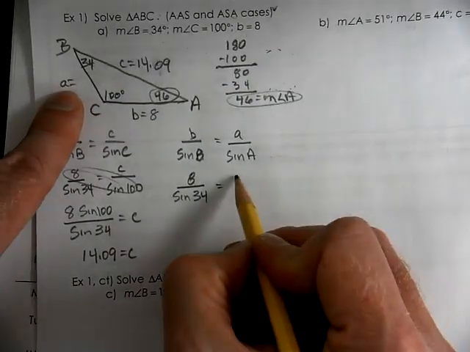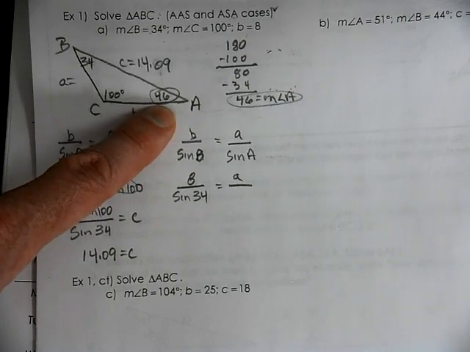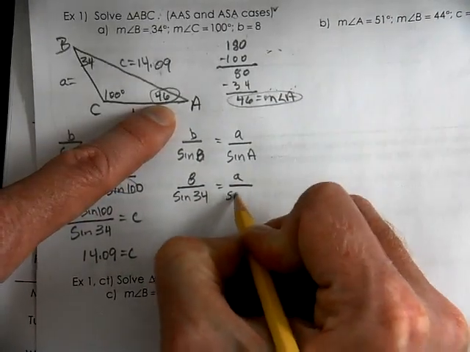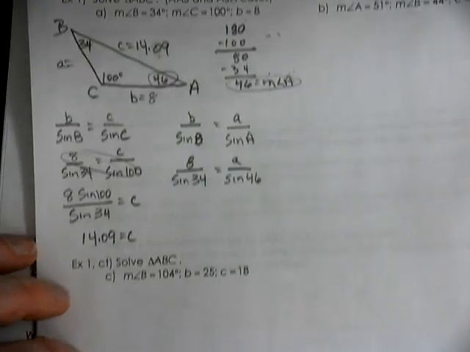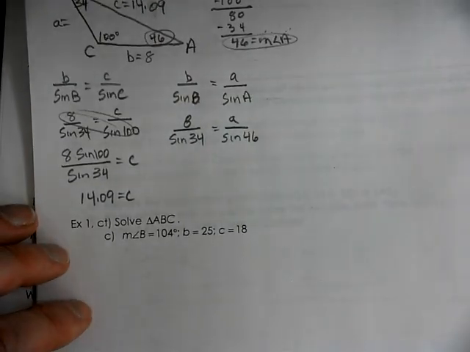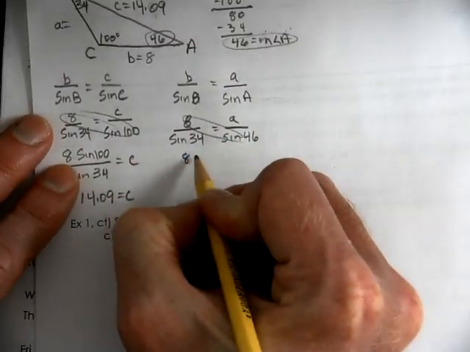A is what we don't know, so we use a lowercase a. And its angle is sine of 46. So the rest of it should be pretty straightforward.